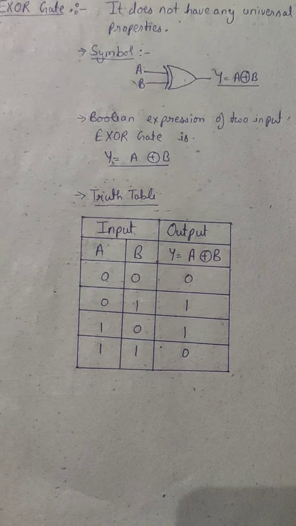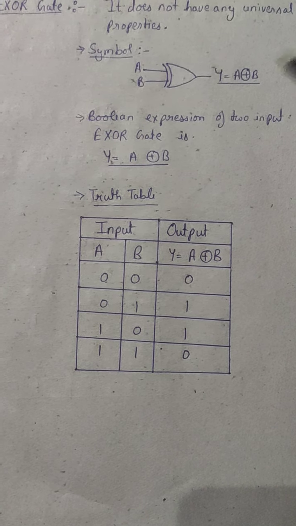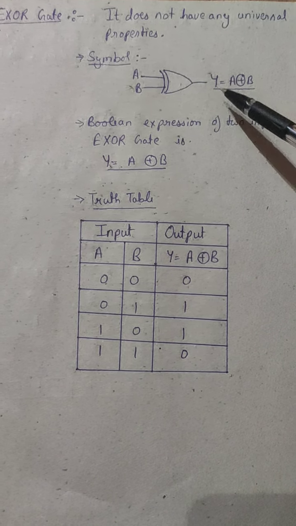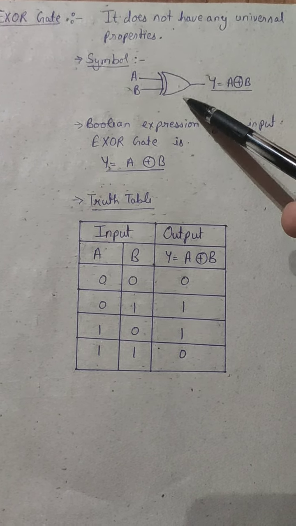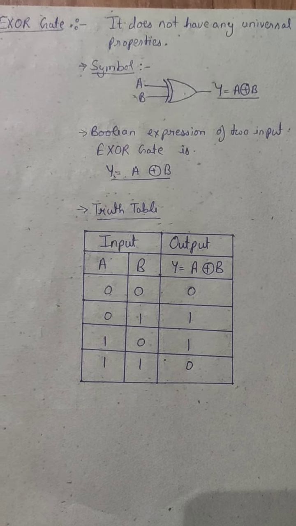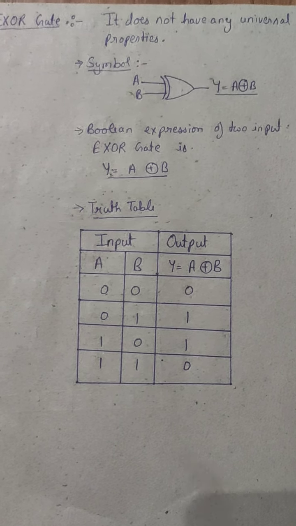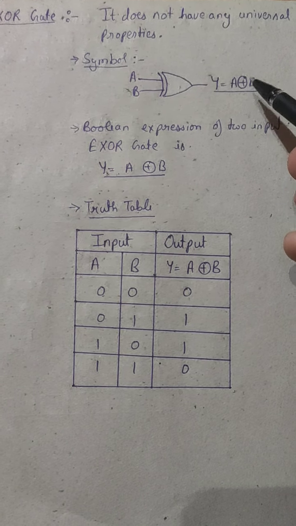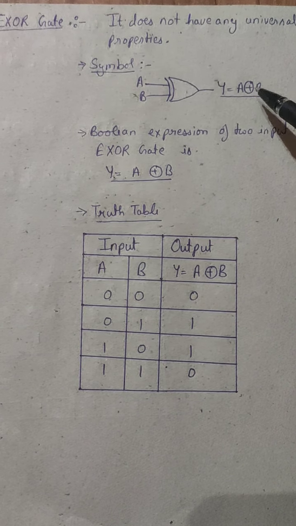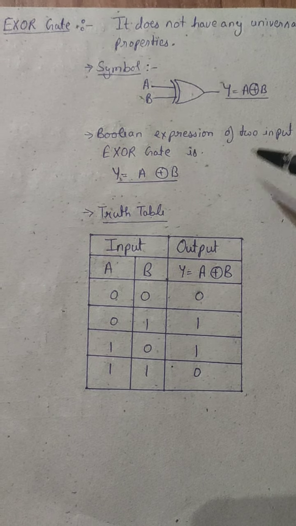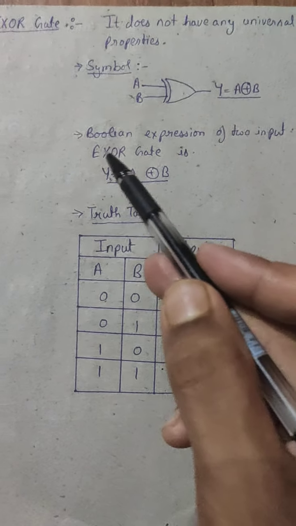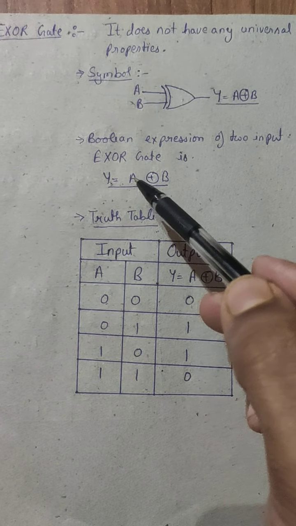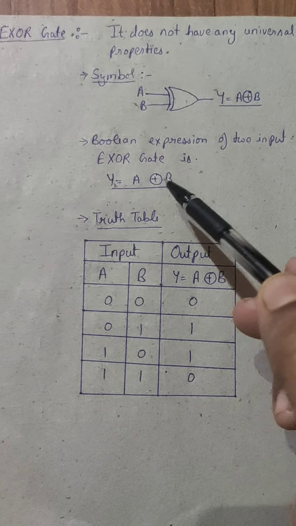The XOR gate symbol is this, with two input variables A B. This is the XOR gate, and this is the output expression for the XOR gate. Here we can see that the plus sign inside a circle is the representation of the XOR gate symbol. The Boolean expression of the two input XOR gate is this, where capital Y is equal to A XOR B.